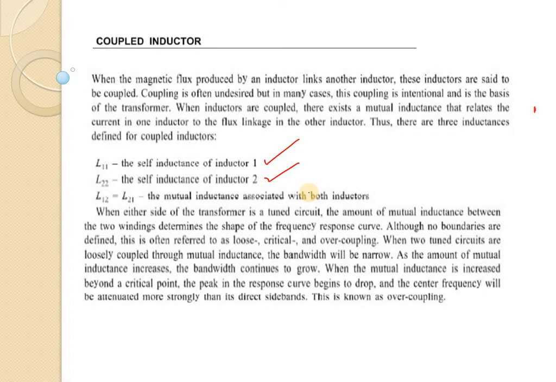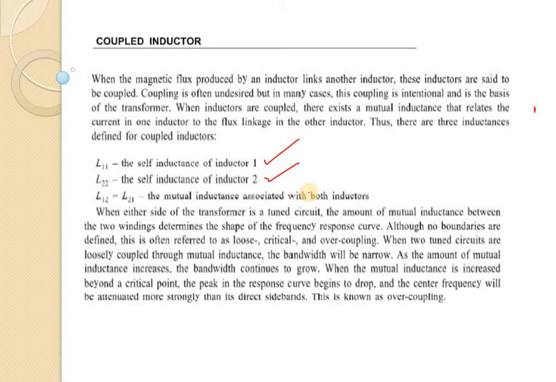When either side of the transformer is a tuned circuit, the amount of mutual inductance between the two windings determines the shape of the frequency response curve. Although no boundaries are defined, this is often referred to as loose, critical, or overcoupling. When two tuned circuits are loosely coupled through mutual inductance, the bandwidth will be narrow.